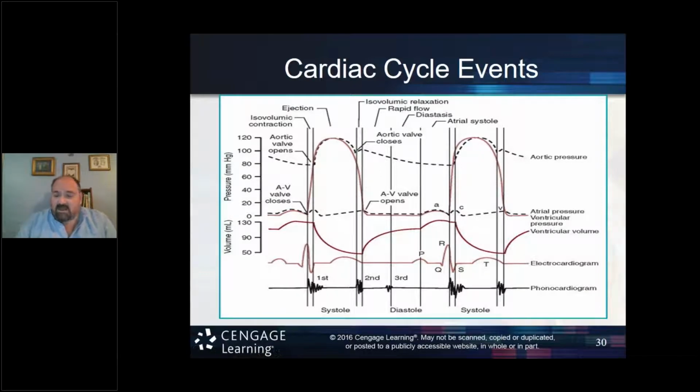As you look at this, I'm not asking you to commit this to full memory, but I want you to have an understanding of what's taking place, where the blood is going from, what area to what area, what vessels it's going through, and the conduction from the SA node to the AV node, the AV bundle, or the bundle of His, then the bundle branches into the Purkinje fibers.